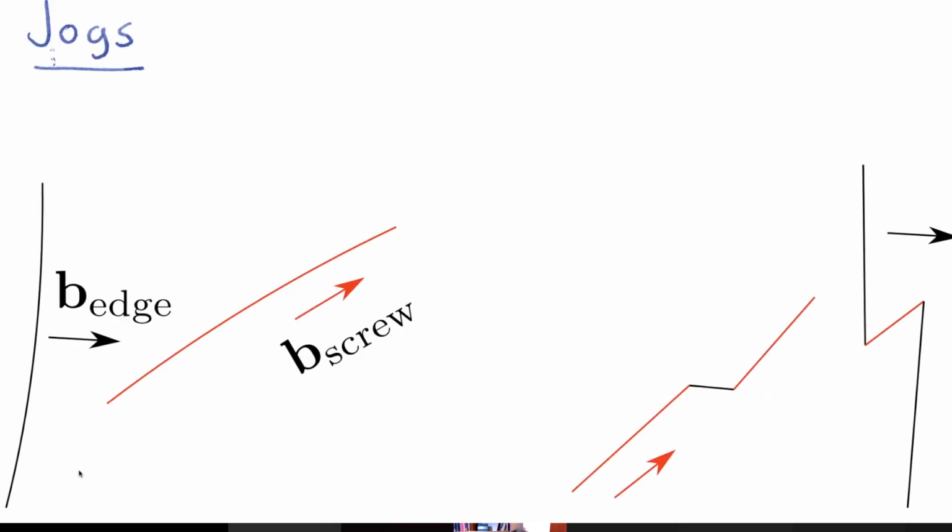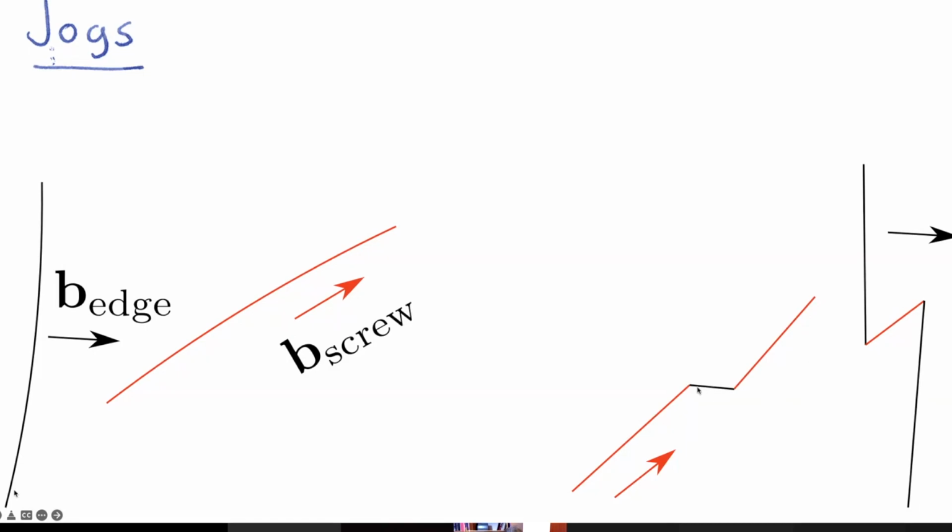There's a further condition that we cannot have more than one array of dislocations in the interface. Okay, you must have only one set of parallel dislocation lines. You cannot have two sets of dislocations, because if you do, for example, here and here, then when they move, they will cut each other, okay?